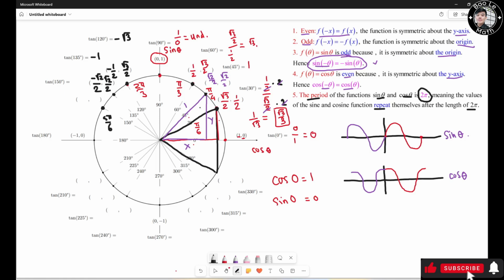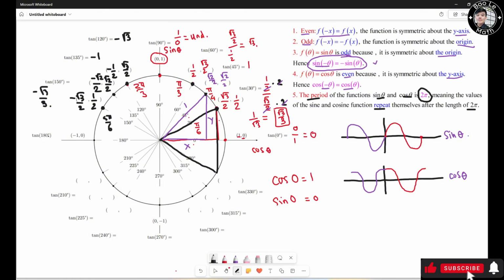Symmetric about the y-axis, so x opposite, so it would be negative root 3 over 2 and y the same, 1/2 right here, okay? So tangent of 150 degrees is the same thing as tangent of 5 pi over 6. Alright, so it should be negative root 3 over 3, right?